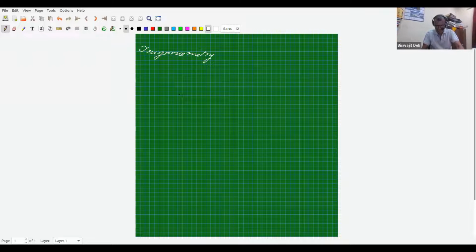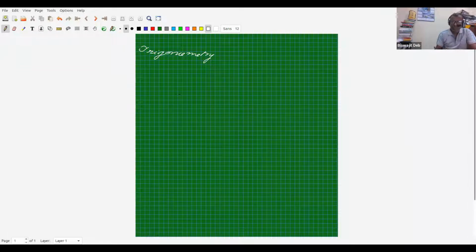Little bit of trigonometry, because I've been told that some of the students are from class 9, so they may not be familiar with this concept. So I'll be introducing the concept of trigonometry, meaning the trigonometric functions.